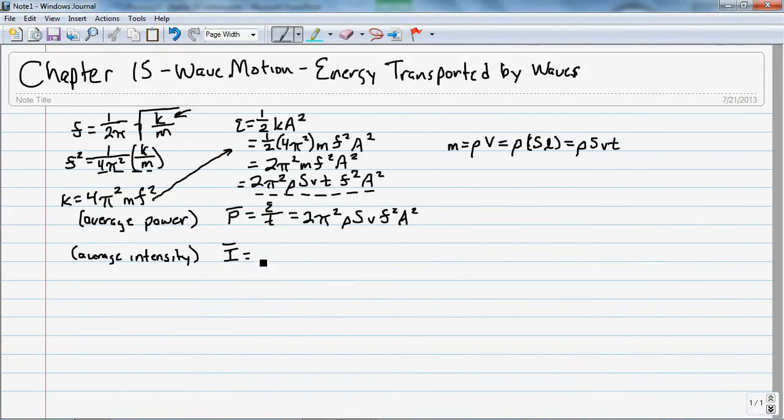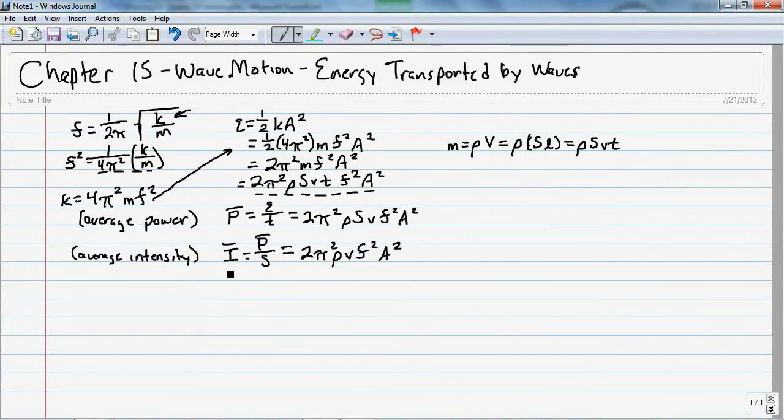Okay, so the intensity, I, is equal to the average power divided by this cross-sectional surface area, and that's equal to 2 pi squared density times velocity times frequency squared times amplitude squared. This is the amount of intensity that we have through a specific surface area.